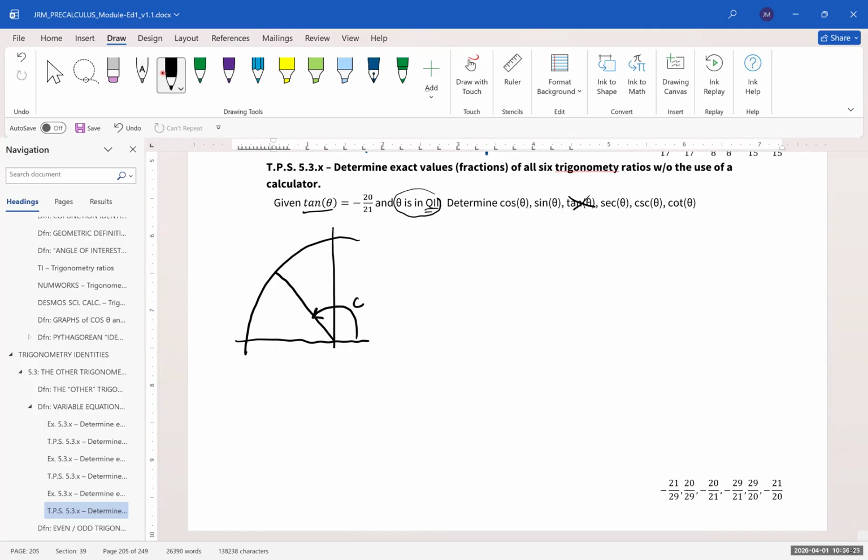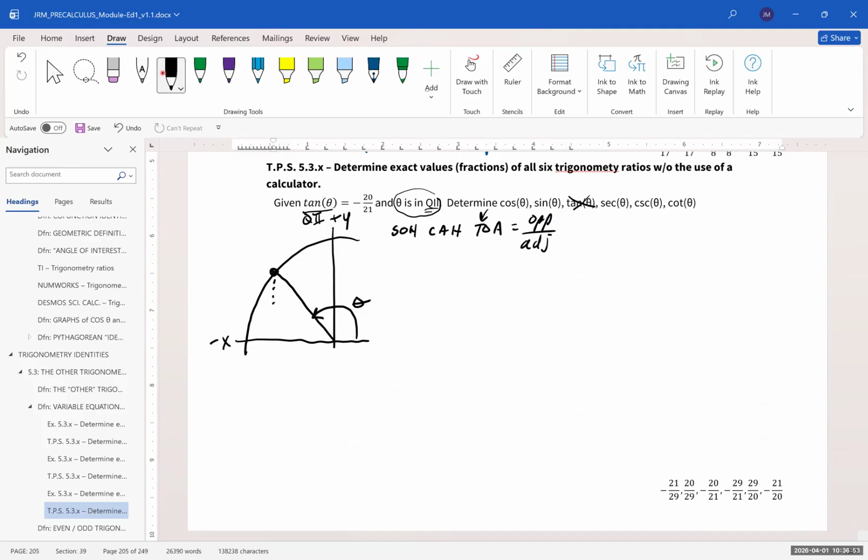That's its terminal side. Right here in quadrant 2, we have positive values of y and negative values of x. Now, if we remember SOHCAHTOA, we know that tangent is equal to opposite over adjacent.